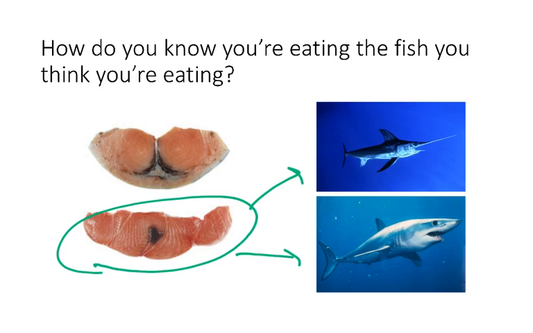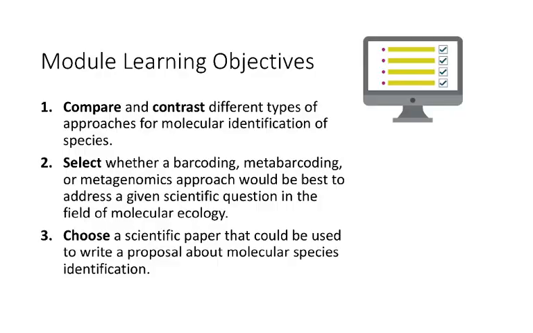Because if you're an educated consumer, we know that it's probably not good to eat endangered species like mako sharks, right? But the markets are telling us it's something else, and if we don't know any better, we believe them, right? So that's one example of how we can apply these molecular identification techniques in the real world and answer some really important questions.